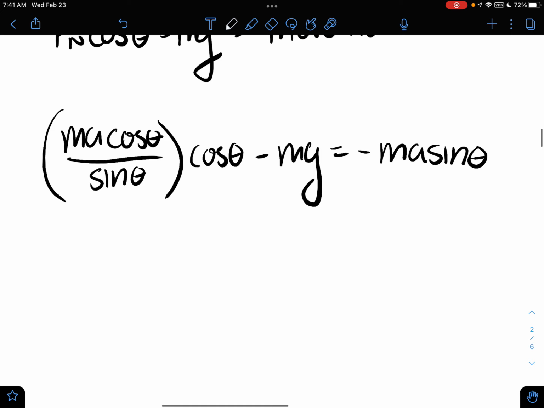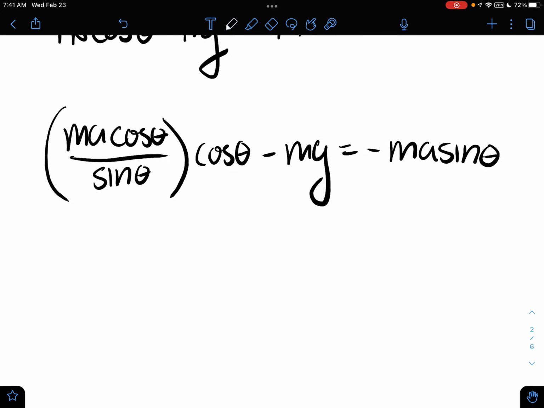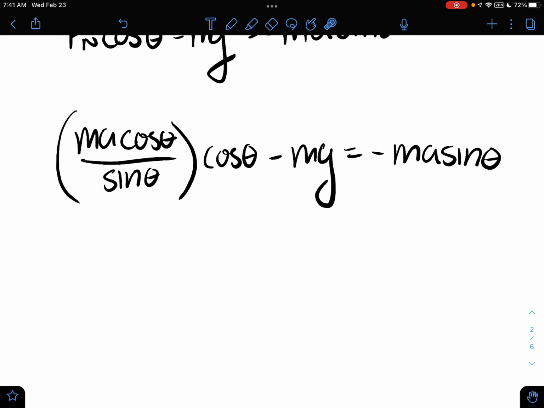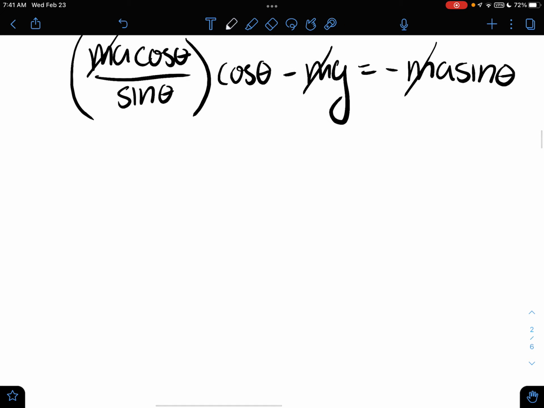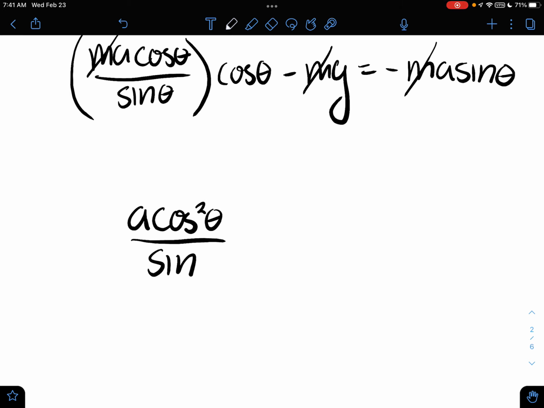Cool, wonderful. Now, fun trick, every term has the mass of the penguin in it. So remember I said that we were ignoring the fact that we technically didn't know the mass yet? That's because we don't need to know the mass of the penguin. So now we have a cosine squared theta over sine theta minus g equals negative a sine theta.